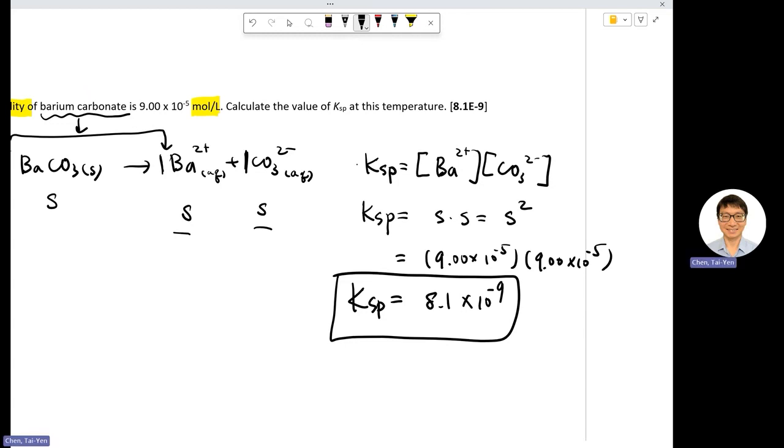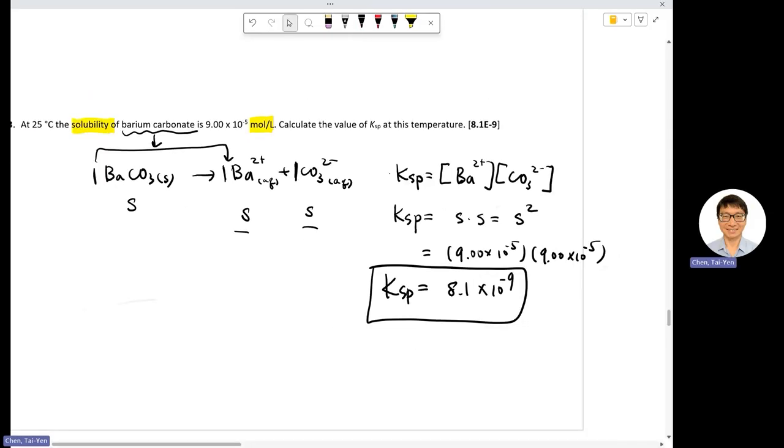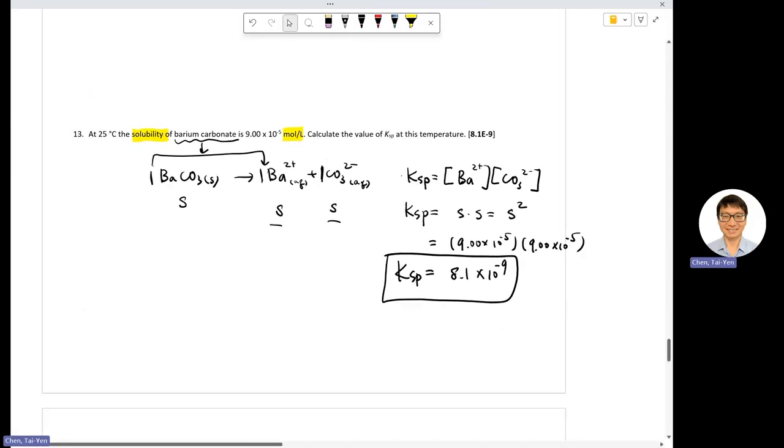Okay. Second thing is you must use the molar solubility. Okay, so in this case, it's a simpler case, right? They already give you the molar solubility. So you don't need to do the conversion from gram solubility to molar solubility. Okay, so this is how you solve question number 13.